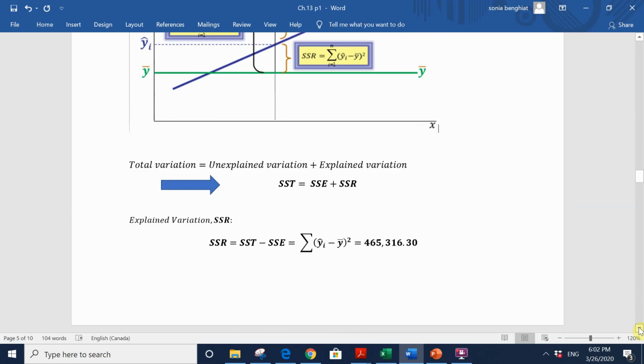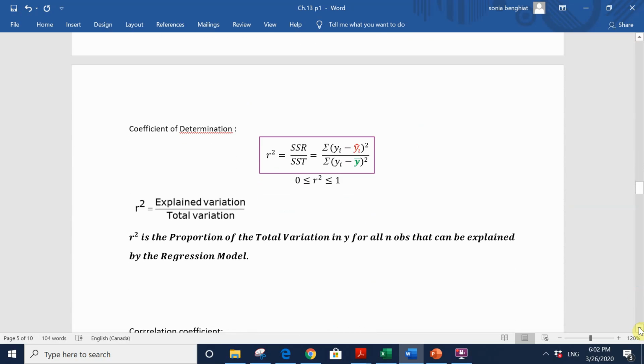So a little bit more to be said about the coefficient of determination, a very important measure in regression analysis. Okay. So this tells you to what extent your model is able to explain the variation in y. That's the bottom line. So the higher your r square value is, in other words, the closer your r square is to 1, this means that your simple linear regression model is explaining more of the variation in y than, say, the random component, the unexplained variation.